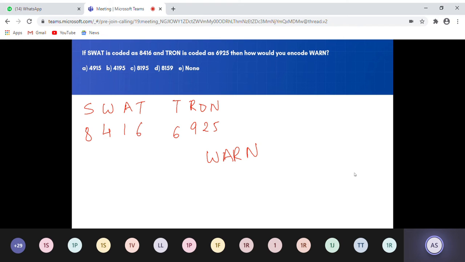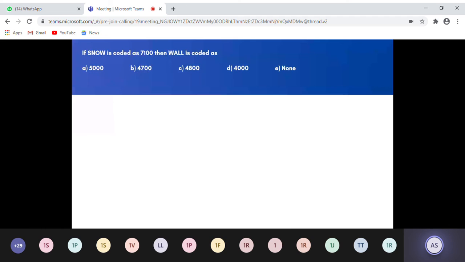S is coded as 8, W is coded as 4, A is coded as 1, and T is coded as 6. Similarly, T is coded as 6, R as 9, O as 2, and N as 5. What is asked? 1 will be 1, 9, and then 5. That will be answer option B. Very, very simple. Next one.